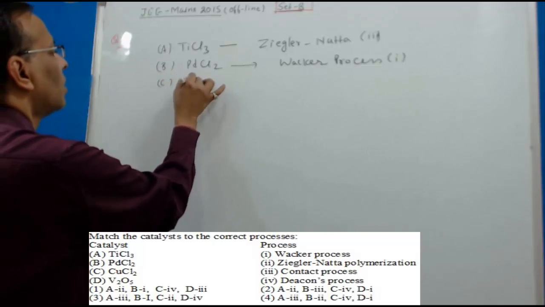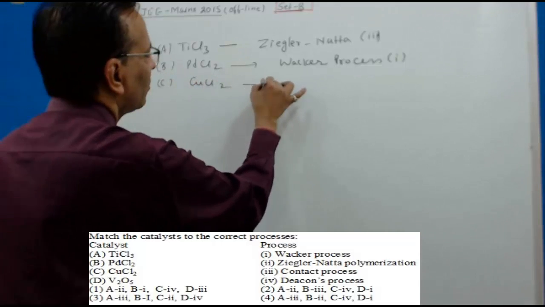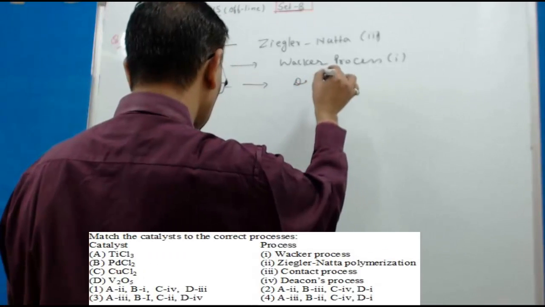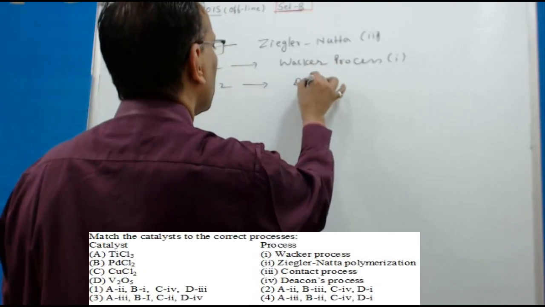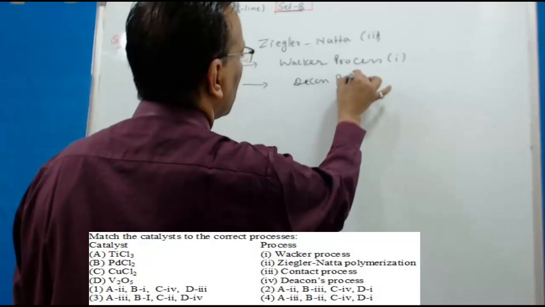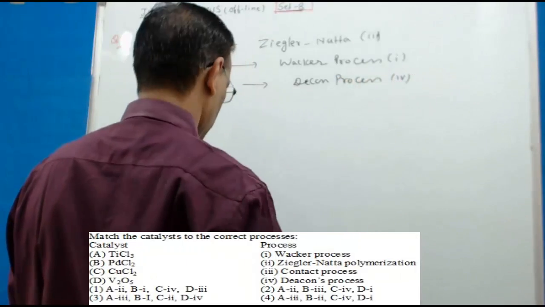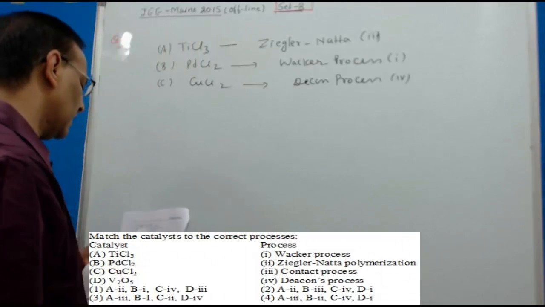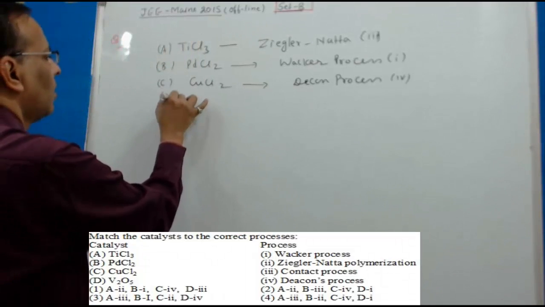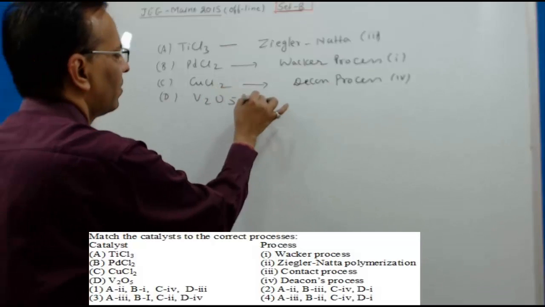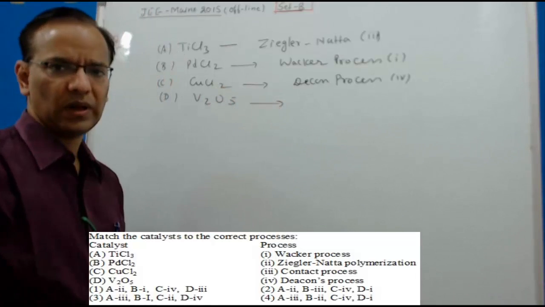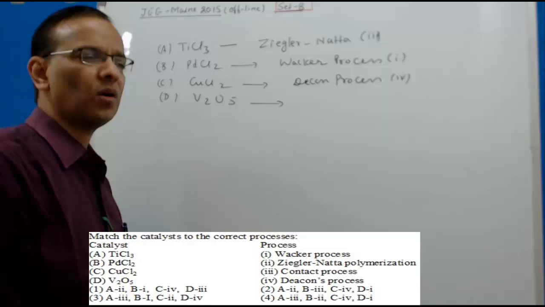CuCl2, this also we all know in the Deacon process, which is the fourth on the right side, and V2O5, we all know this is the well-known catalyst, vanadium pentoxide, we use in the contact process.